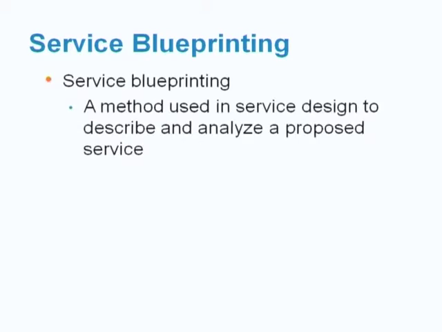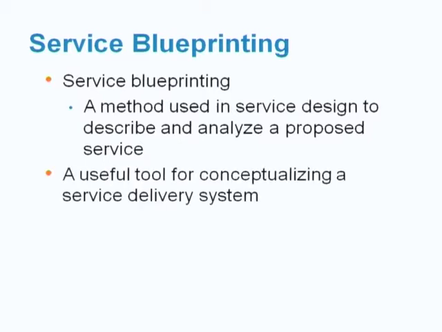Service blueprint. When we design services, we need a service blueprint. It is a method, a tool used in service design to describe and analyze a proposed service. It's a useful tool for conceptualizing a service delivery system.